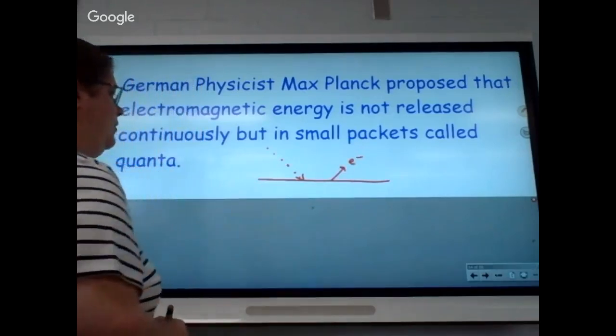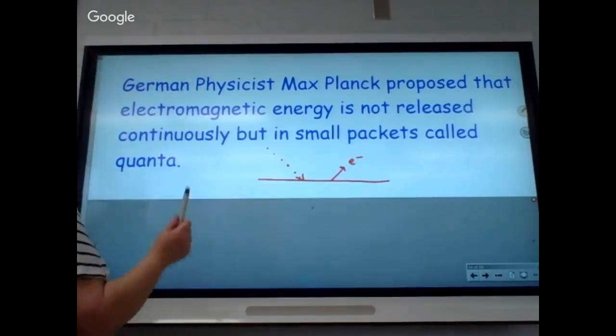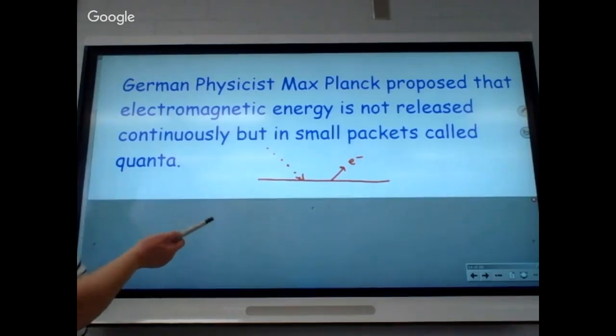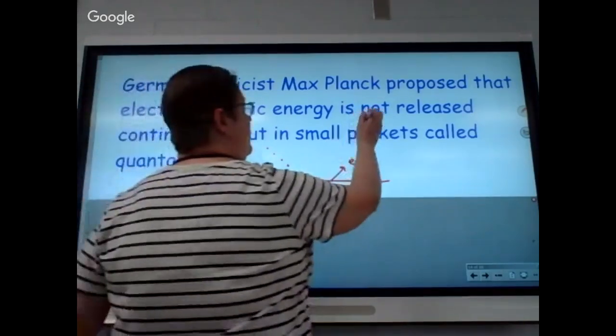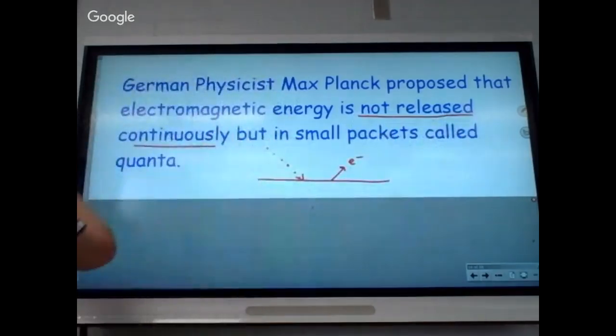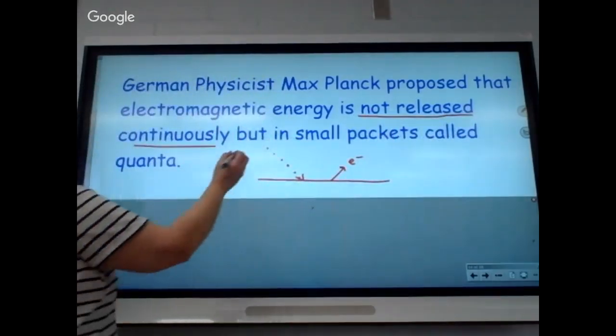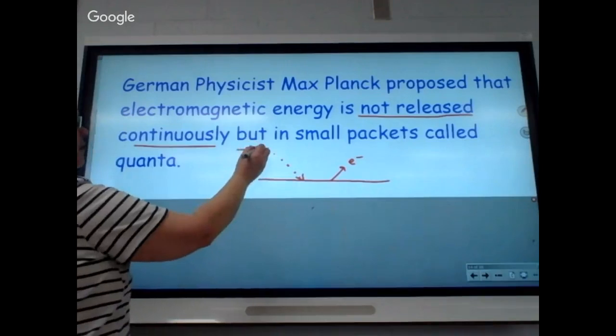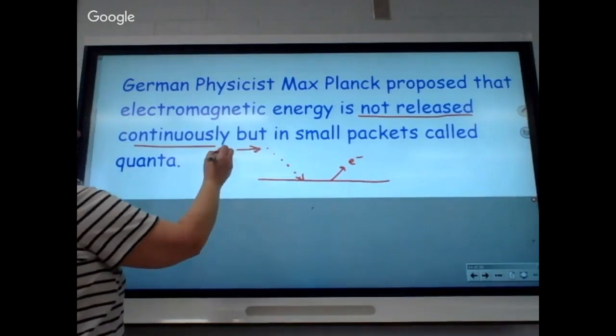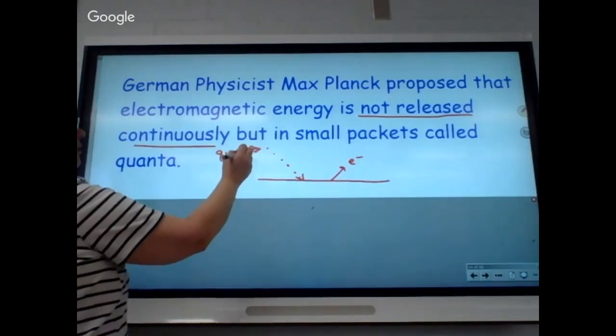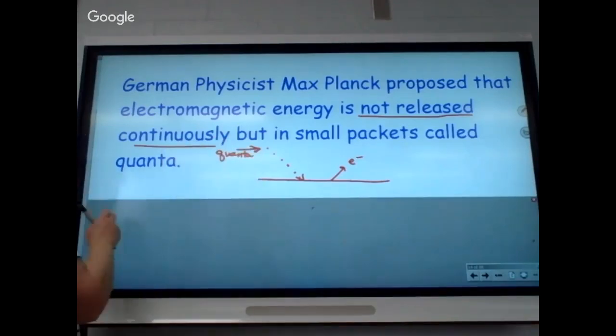This time, I'm going to draw it as little tiny dots, because I'm trying to illustrate that it's not released continuously. This is going to be called a quanta.